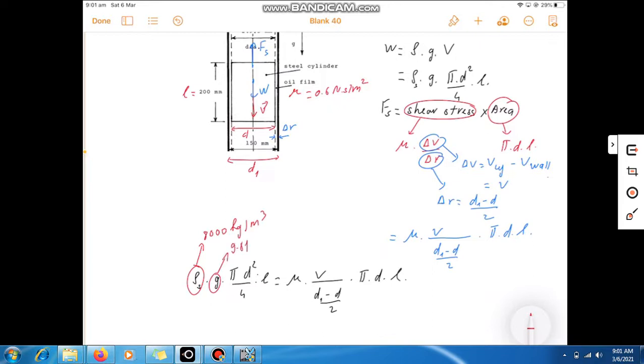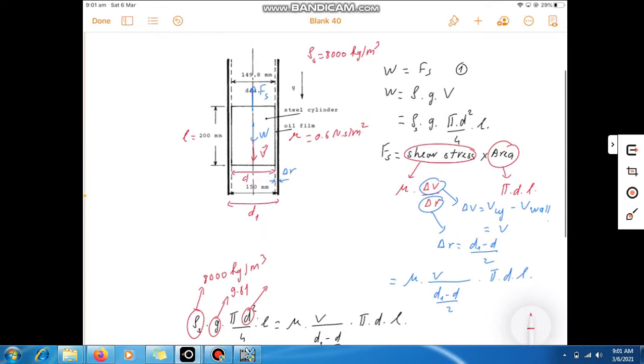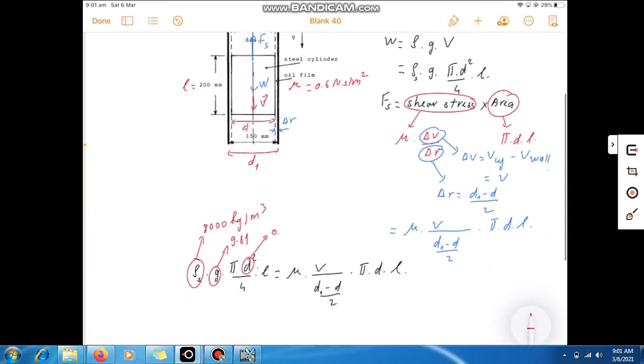With the density of 8,000 kilogram per meter cube given, and gravity 9.81. The diameter d of the cylinder is 149.8 millimeter or 0.1498 meter, converted to SI units. The length is 200 millimeter or 0.2 meter.